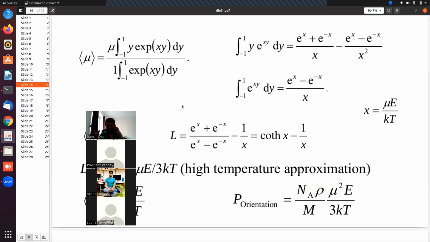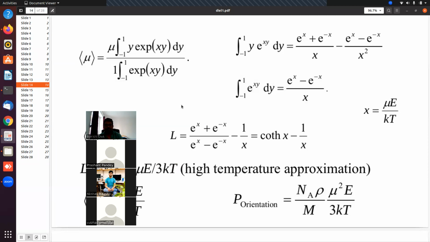When the system is neutral, suppose an atomic gas, there is no permanent dipole, so only the electron will distort. But here the whole dipole reorients and aligns along the direction of the electric field.